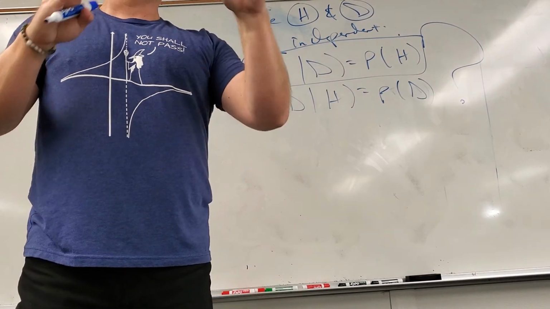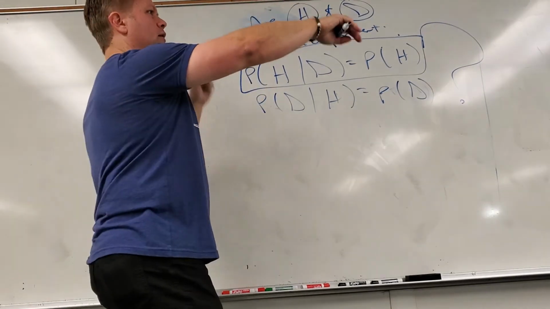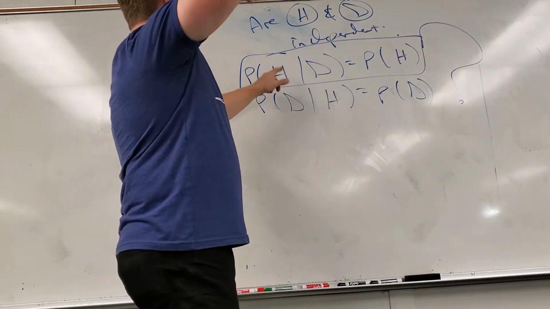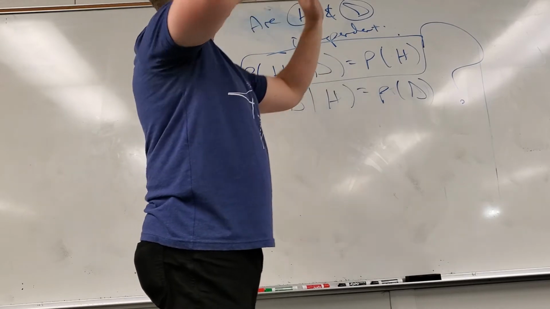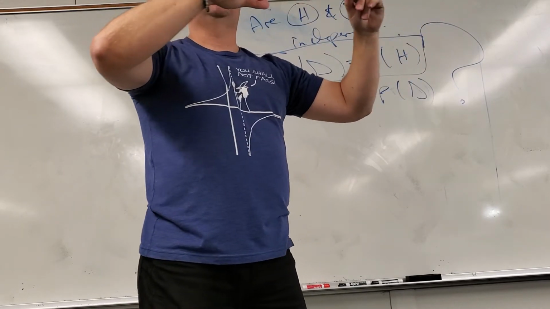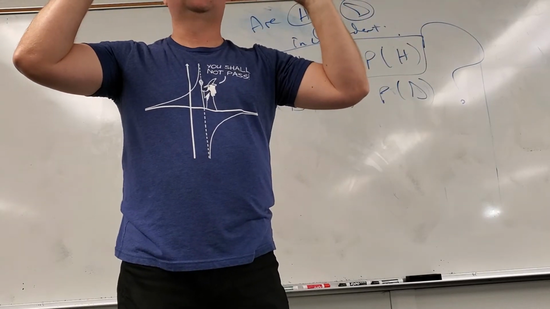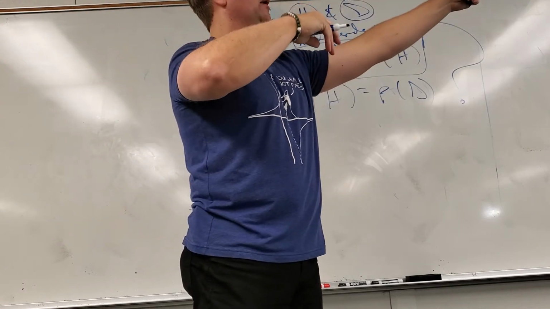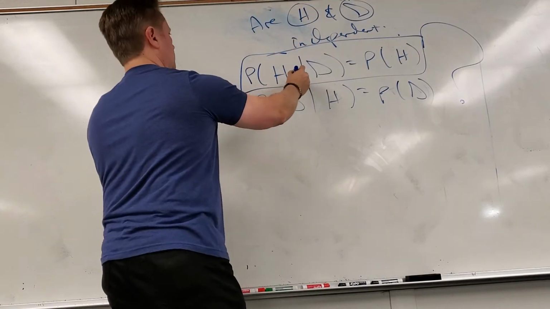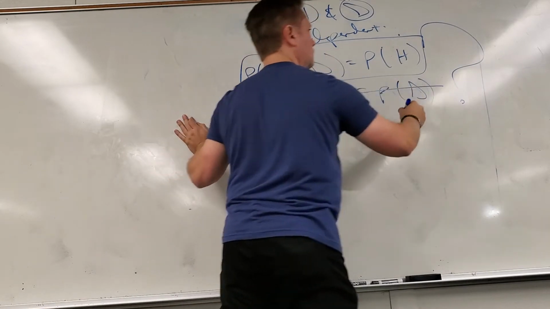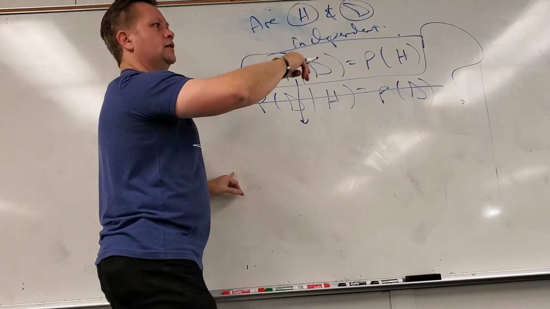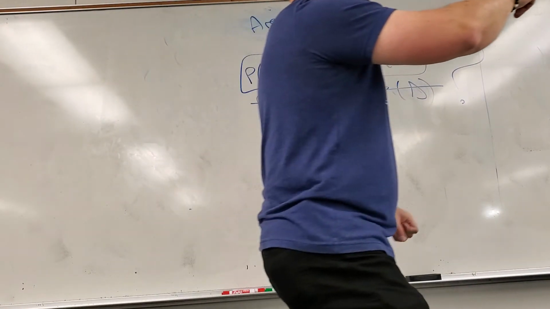Is that cool? Now, the question is, how do I calculate the probability hit by Hank Aaron given a double? What do I know about it? The hit was a double. So what's going to be on the bottom? I know it's a double.